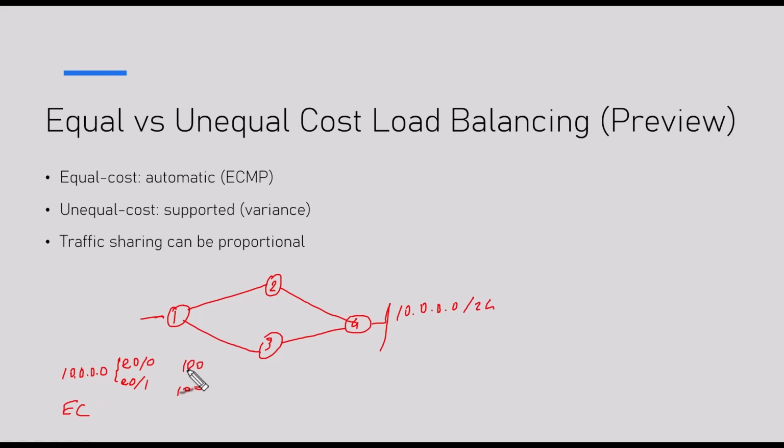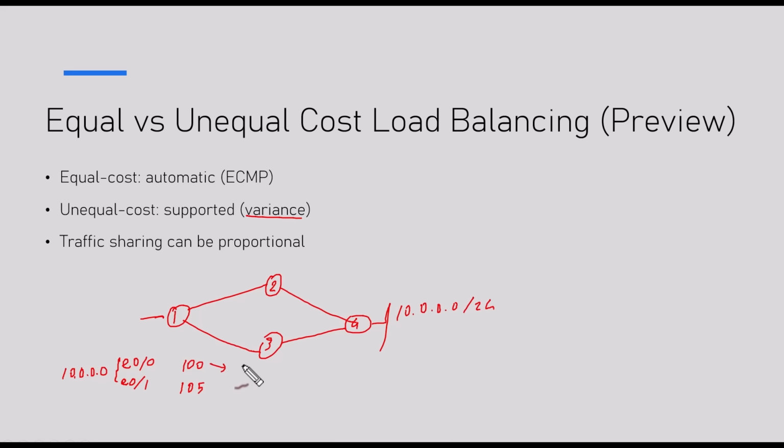So let's say that I have different bandwidths from here to here, or like I said, the delay is going to be different. So what I have here is, on this path I have a metric of 100, on this path I have a metric of 105. So which one is going to be installed in my routing table? This 100 is going to be installed in my routing table. But there is something that we call a variance variable. If I apply variance, I'm just going to say whatever I have here as the least value, which is 100, if I want to use others, I can say, okay, 2 times this value is going to be okay.